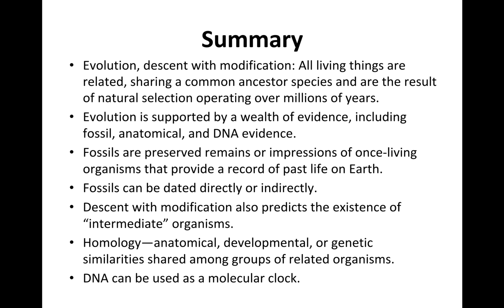Fossils can be dated directly or indirectly, directly using radiometric dating, indirectly using relative dating. Descent with modification also predicts the existence of intermediate organisms, and homology, which is anatomical, developmental, or genetic similarities shared among groups of related organisms. And lastly, DNA can be used as a molecular clock.